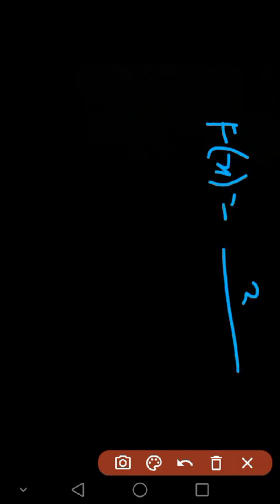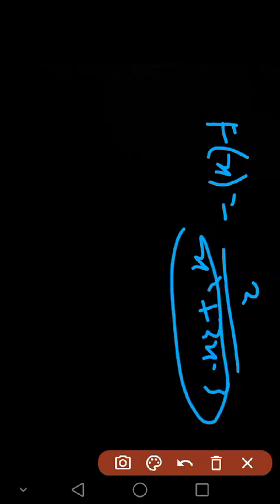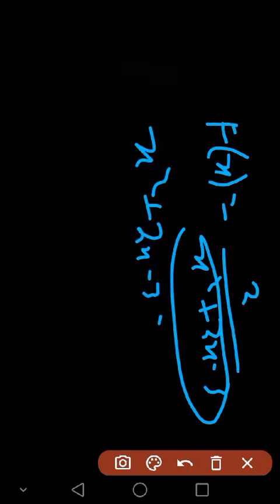We can also be given another function that says f of x is equal to 2 over (x squared plus 2x minus 3). Again, you get your denominator, x squared plus 2x minus 3, and set it equal to 0.